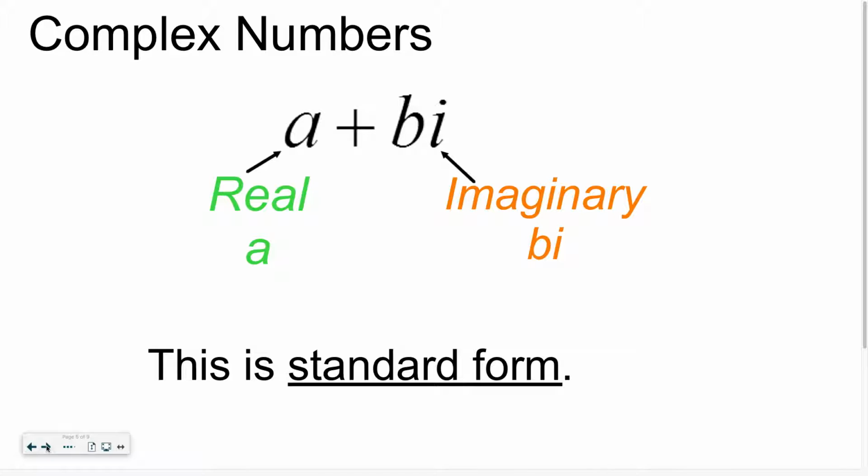A is made up of your real part, and bi is made up of your imaginary part. So you didn't know this all these years, but all the numbers you've ever worked with are really complex. 1, 2, 3, 4. That's 1 plus 0i, 2 plus 0i, 3 plus 0i, and 4 plus 0i. But we never felt we needed to tell you about the 0i until then.